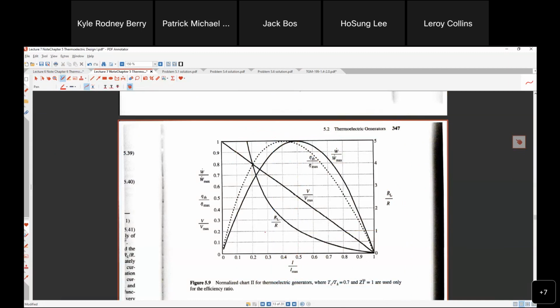So the voltage, one means what? Voltage one means the voltage is the maximum voltage, isn't it? And for current, one means current is maximum current. Okay, now this is commercial.